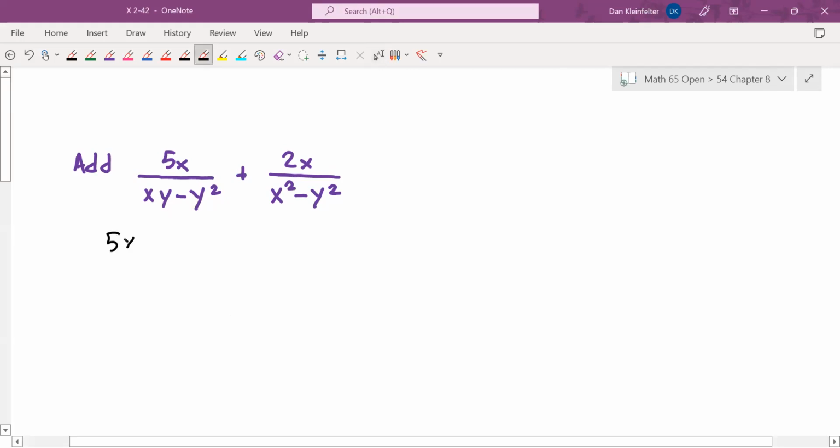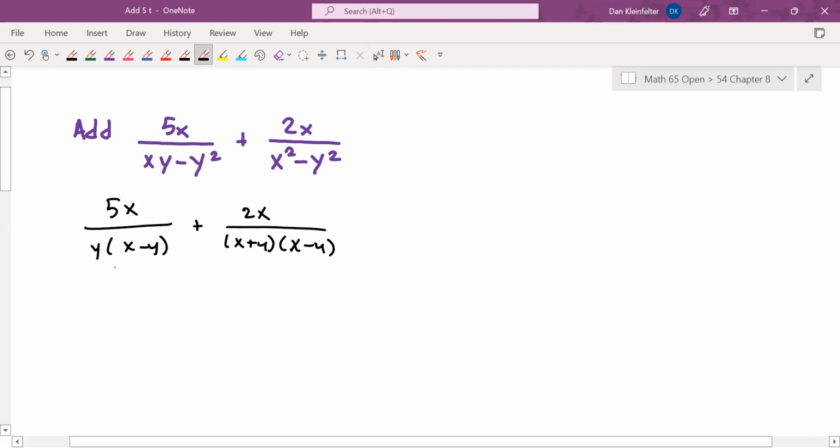All right, so let's see. For this one, we'll factor the denominator. There will be a y and an x minus y. For the second one, it's a difference of squares, x plus y, x minus y. Okay, so now for the first fraction, it already has an x minus y, but it doesn't have the x plus y that the second fraction has.